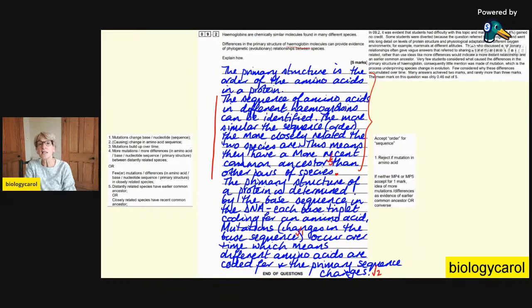Many answers achieved 2 marks, many. I would suggest that was probably 70+%. And rarely more than 3 marks. The mean mark on this question was less than half out of 5.